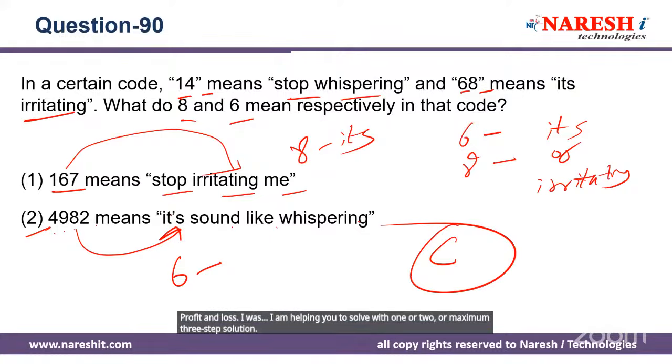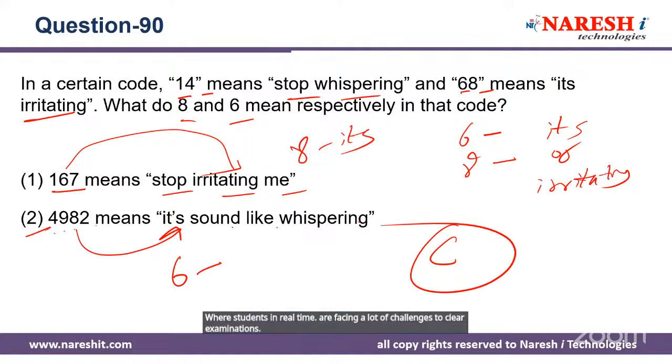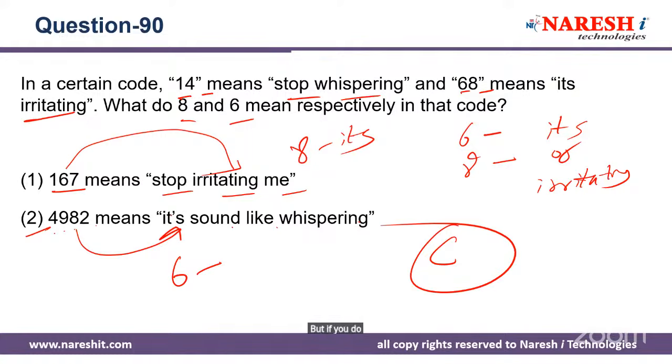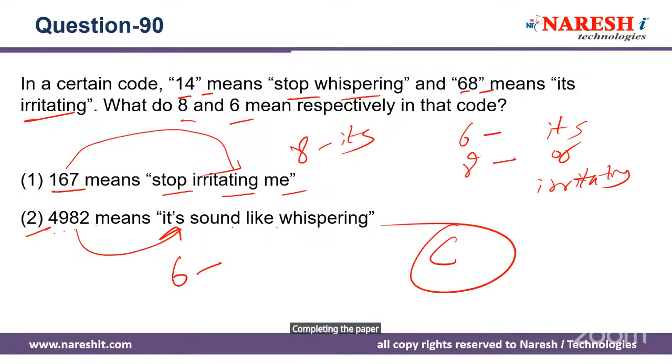There was no point of taking more than 2 or 3 minutes, where students in real time are facing a lot of challenges to clear examinations. But if you do it properly, within 1 to 2 minutes, we can easily solve the questions and wrap up completing the paper in the given time period. Please use these sessions, the shortcuts, the techniques I've been telling you.